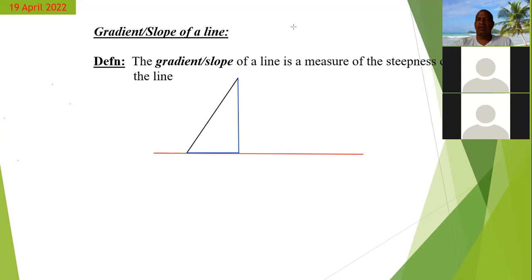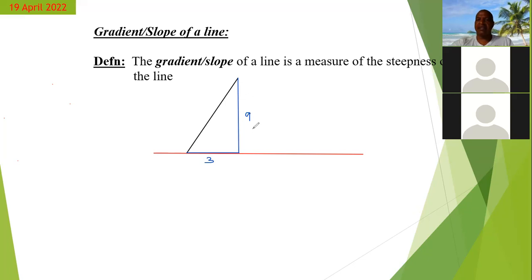In other words, we're measuring a value along the horizontal, which is this length of the triangle at the base, and we're measuring a length of the height, which is, let's say, 9.